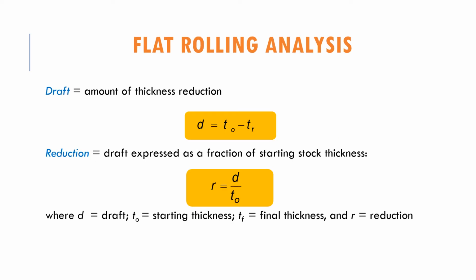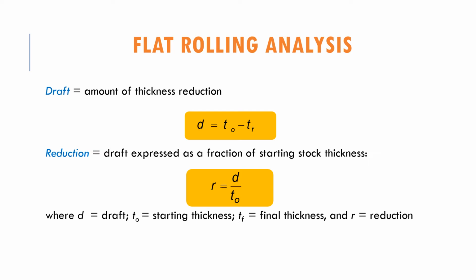Now let us look into some equations that we have to know in this rolling process. The first one is draft, which is the amount of thickness reduction, represented as D. D for draft equals T naught minus TF, where T naught is the initial thickness and TF is the final thickness.